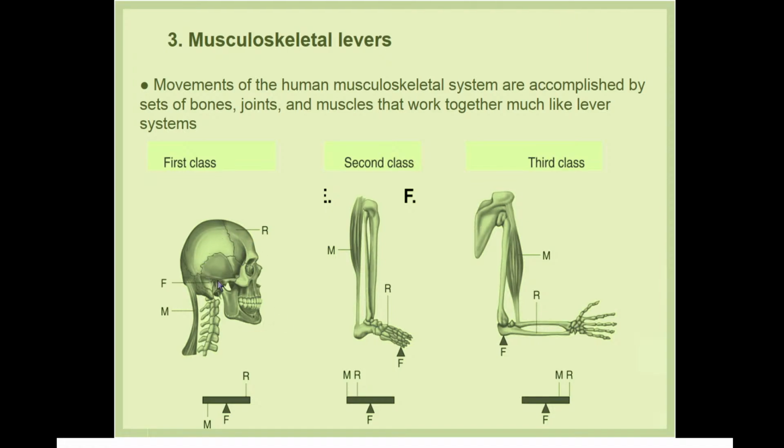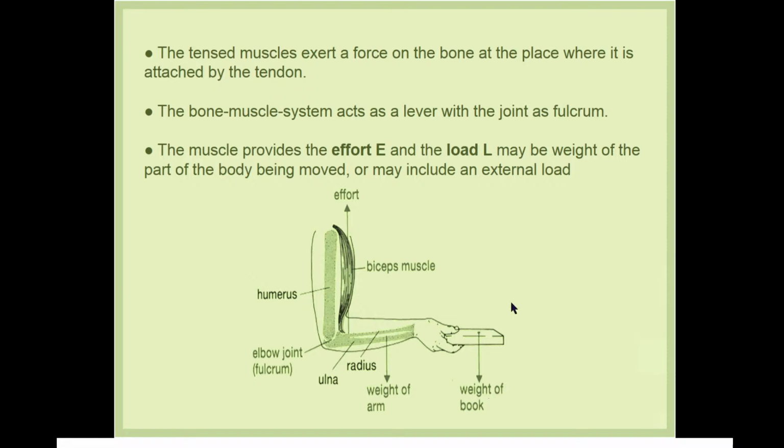The skull may be considered as the first class lever. And two forces are applied to this rigid body. So, this we consider as the forearm. This is a lever as well, of the third class. And look, the tensed muscles exert a force on the bone at the place where it is attached by the tendon.